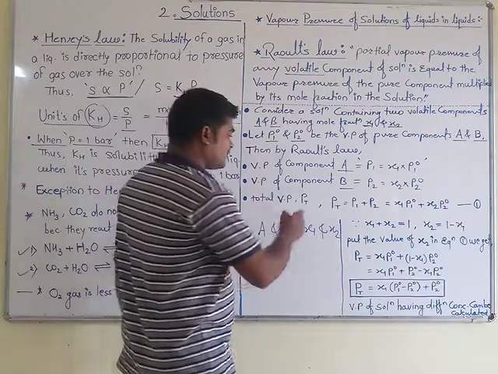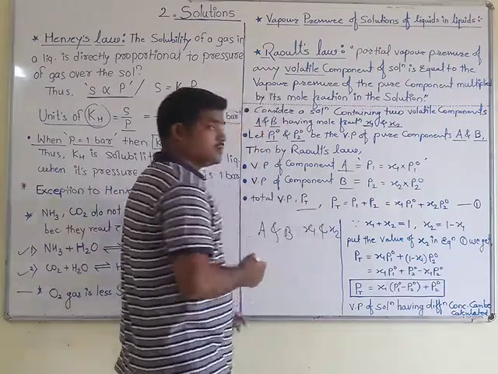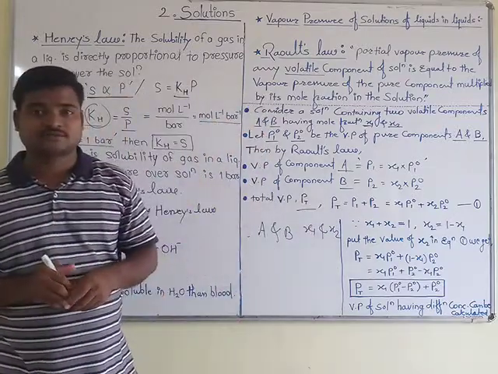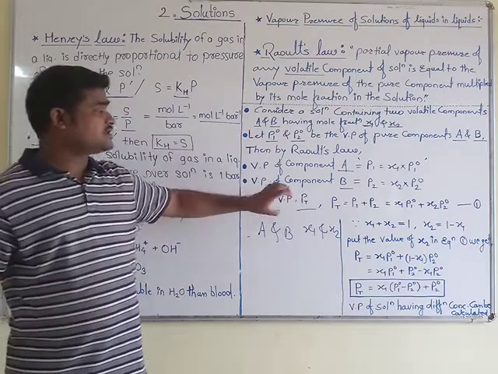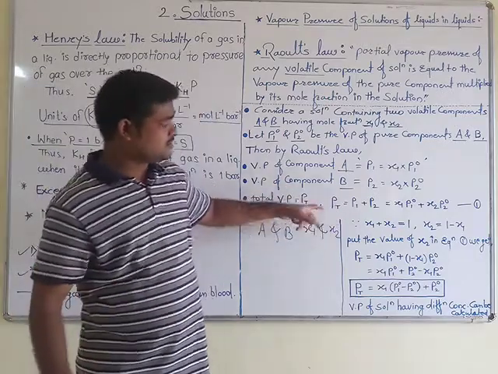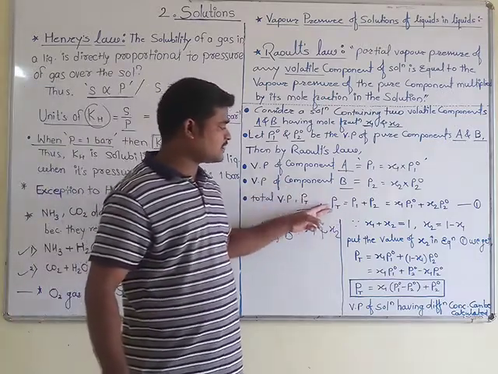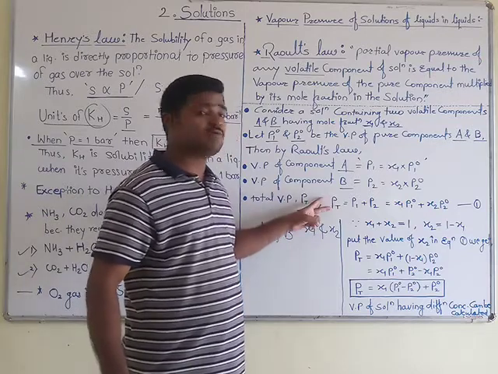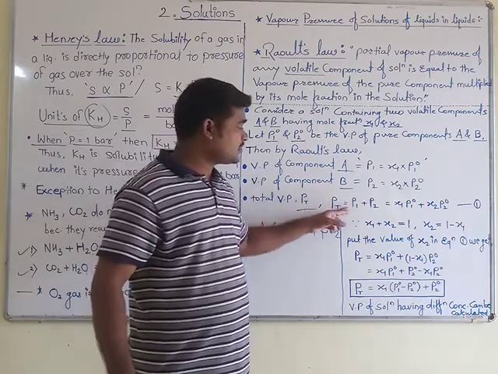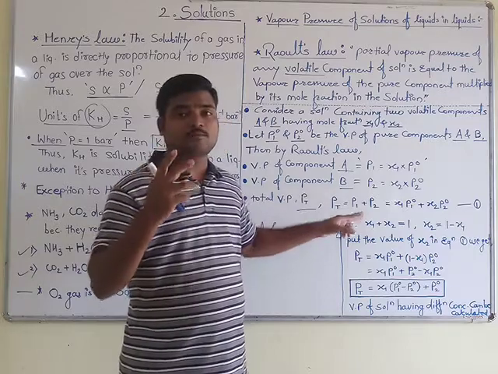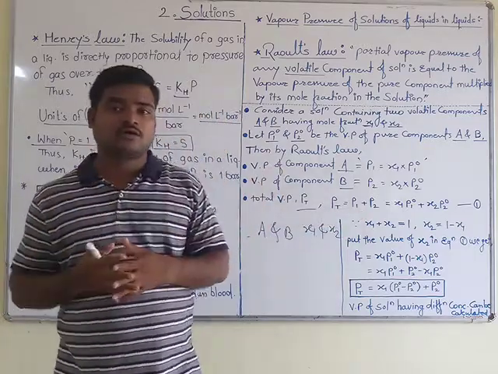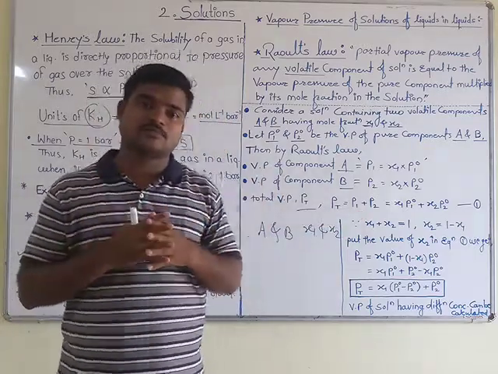Now we are going to calculate the total vapor pressure PT. So this is the actual start of the derivation. PT, the total vapor pressure, is the sum of the vapor pressures of the two components, because we have chosen a binary liquid mixture.